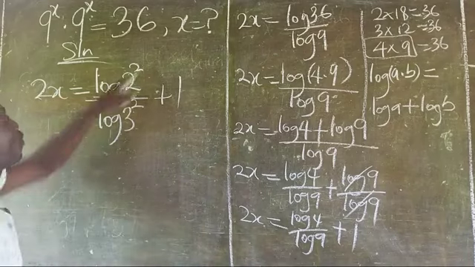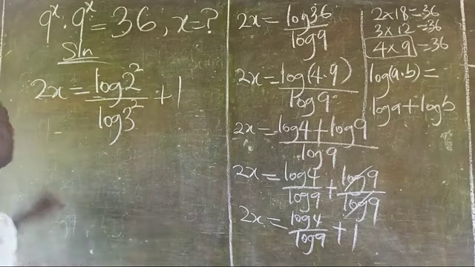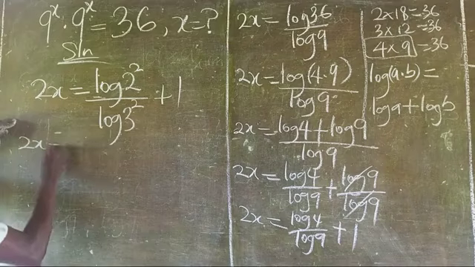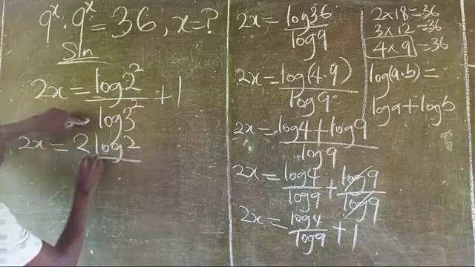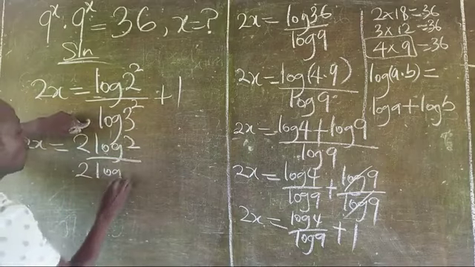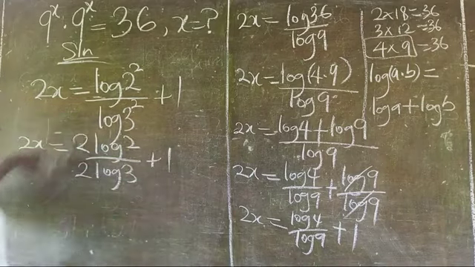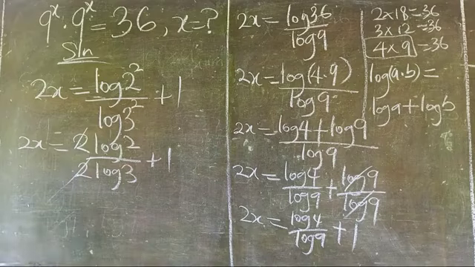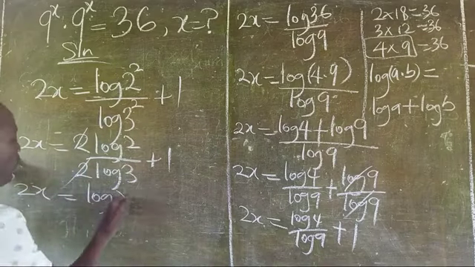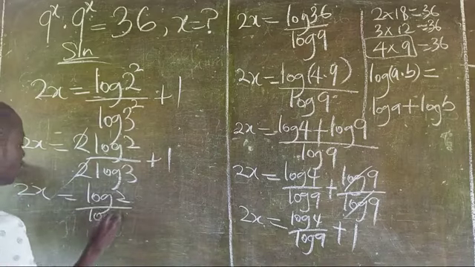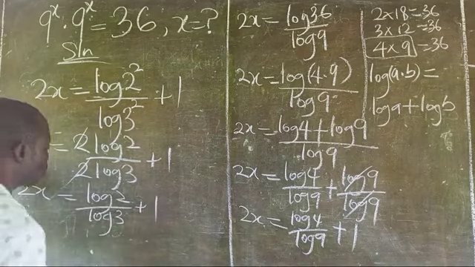And we want to bring the power down like we have done before. 2x becomes 2 log 2 all over 2 log 3 plus 1. And 2 can obviously cancel out. You'll be left with 2x equals log 2 all over log 3 plus 1.